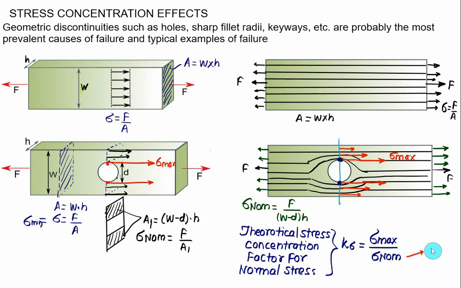It can be computed as F by A, or by bending, that is the flexure formula, bending moment multiplied by Y divided by I. This elementary formula you can use to calculate the normal stress, and this value of K sigma is called the theoretical stress concentration factor for a normal stress. Similarly, we can define the theoretical stress concentration factor for the shear stress also.